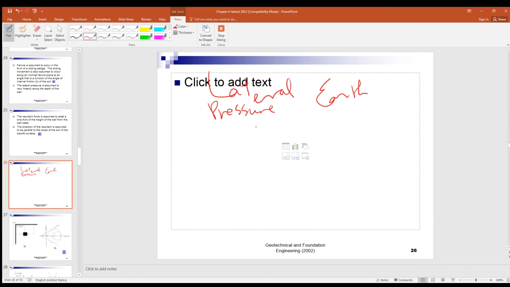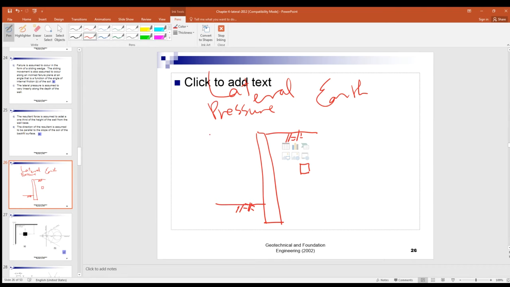Okay. Now, for a retaining wall, we have a ground surface here and also the bottom of excavation. Now, take a look at this soil element, right?